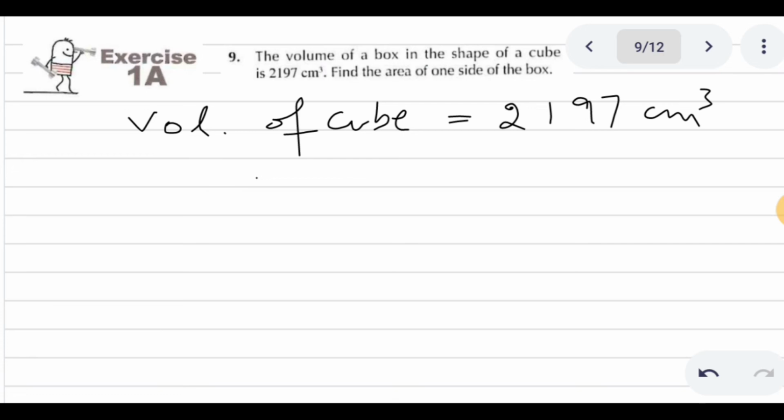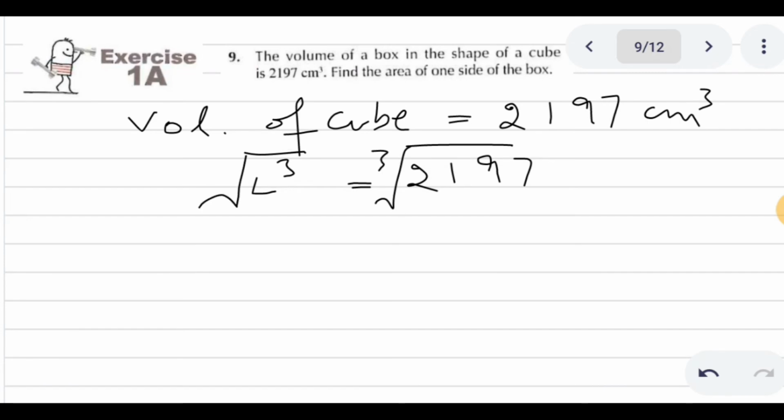one side. And how can we find it? First we know the formula for the volume of a cube is L raised to the power 3. So if we find the cube root of this number, then we can find the length of one side.